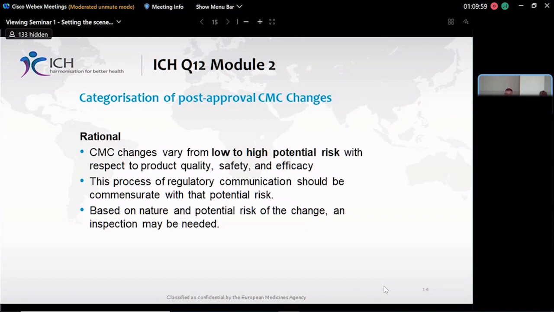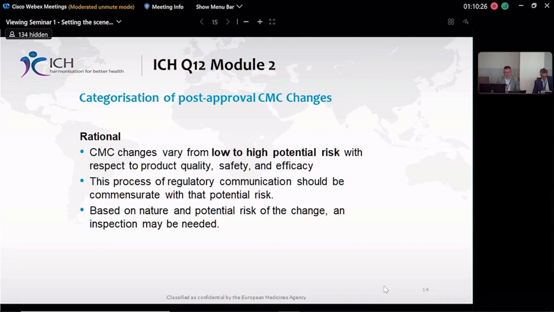So what that means is if something has little or no risk to product quality, we don't need to have a long review time with multiple assessors, rounds of questions, and a lot of detailed review. If something is of low risk to quality, possibly a notification from the manufacturer, from the MA holder to the regulator would be sufficient.